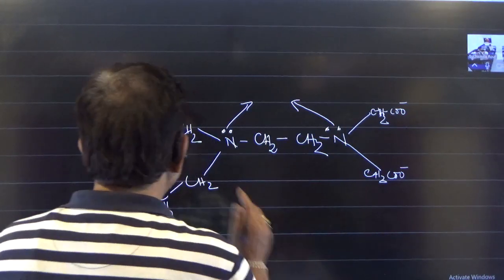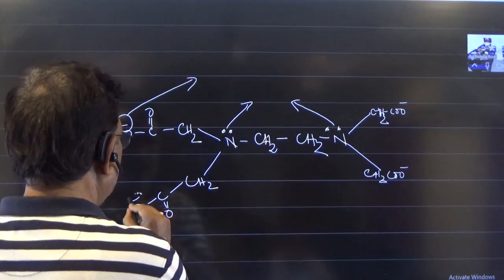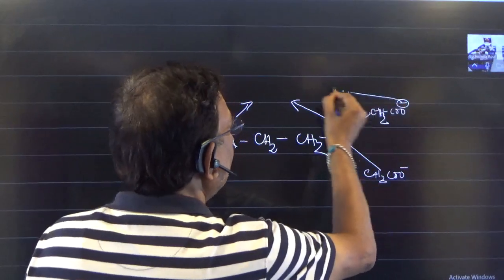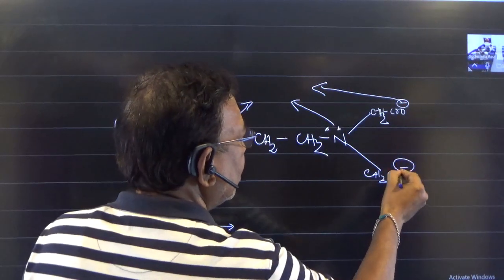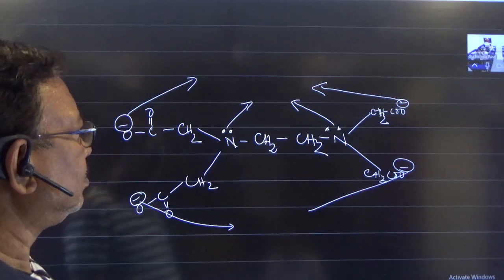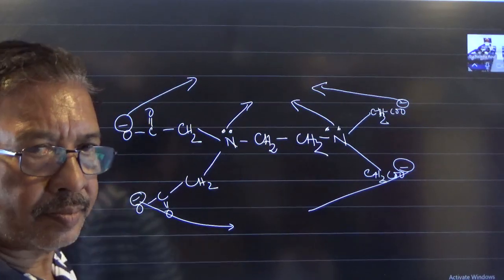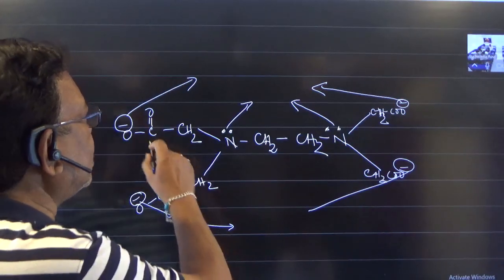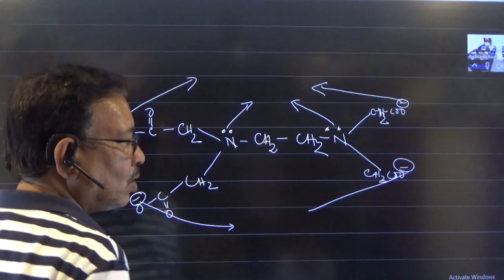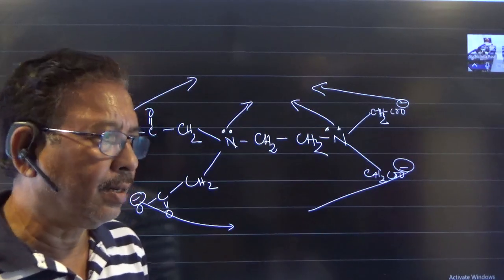CH3CO, this O minus here, here, here, here. That means 6 centers, 1, 2, 3, 4, 5, 6. So for which it is known as hexadentate ligand.